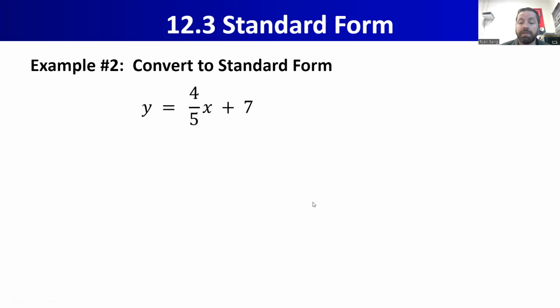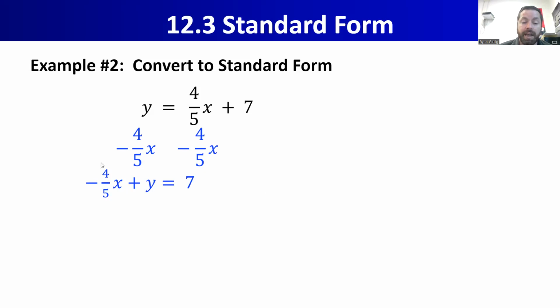So it's good to be able to convert from one to the other. We're going to convert this one, which is in slope-intercept form, to standard form. I talked about at the beginning of this lesson that in standard form, x and y are on the same side of the equal sign. So I'm going to move the x over there with y. I'm going to subtract 4/5 x from both sides. And there you have -4/5 x plus y equals 7.